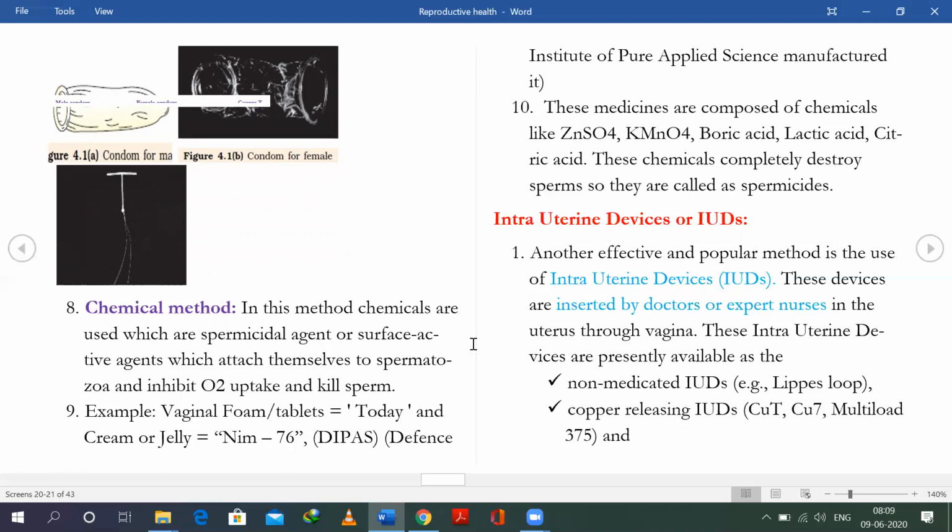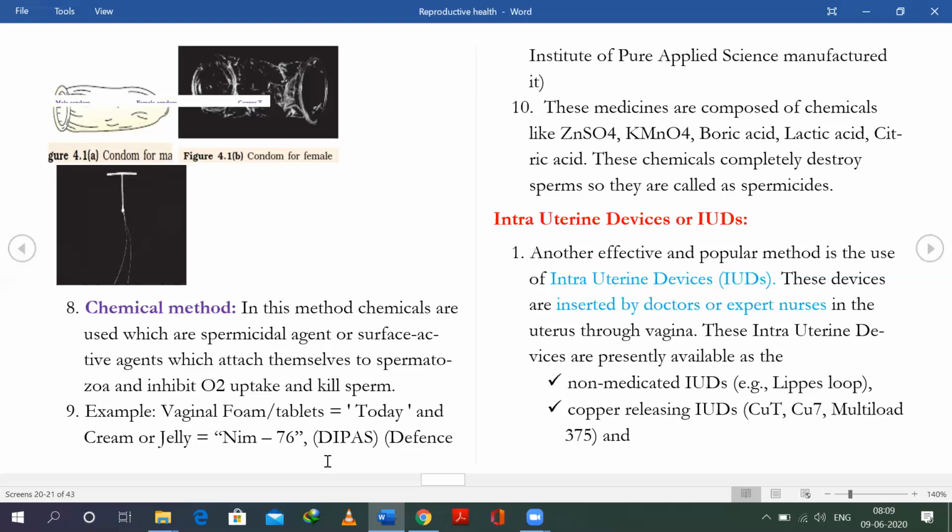Here chemicals are used as spermicidal agents. That means they kill off the spermatozoa. They are surface active agents which attach to the spermatozoa to inhibit O2 uptake and kill the sperms. So in both ways, they are either inactivating or killing the spermatozoa in the chemical methods.